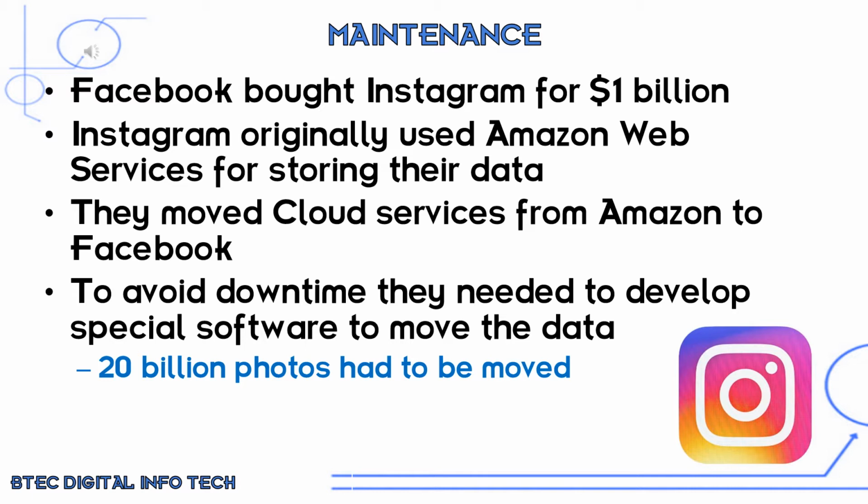So to make sure that nobody was unable to get on Instagram for any period of time, they developed special software which could move all the data without any downtime at all. So that means no one was without Instagram for any period of time. They actually moved 20 billion photos when they copied from Instagram to Facebook.